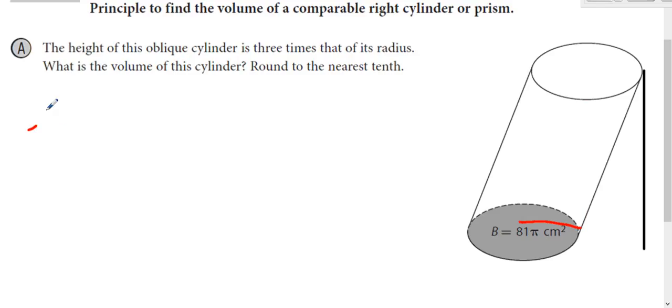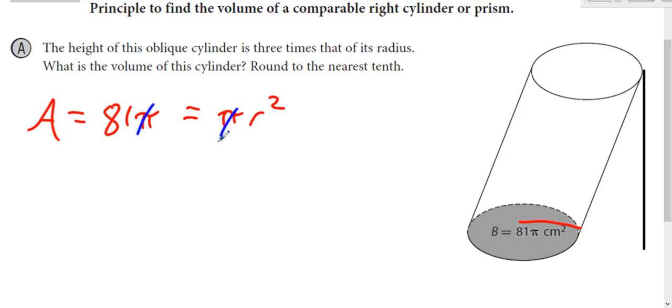If the area is 81 pi, and the formula for area, since that's a circle, is pi times radius squared, we can figure out the radius because we have an equation here.